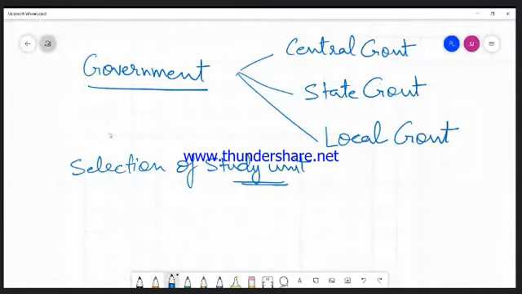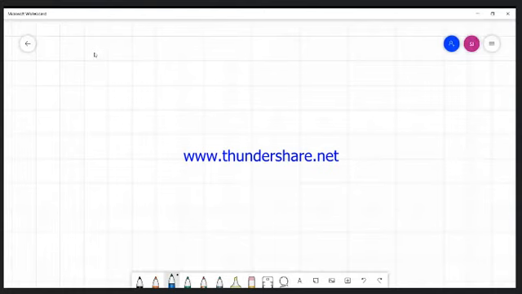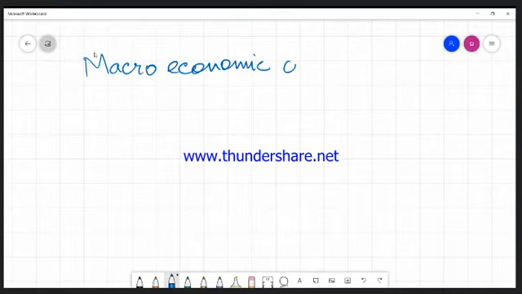If you are studying something individually, then it is micro. But if you are studying it in the context of the aggregate behavior or aggregate units, then it will be related to macro. So when we talk about macroeconomic behavior of macroeconomic agents.